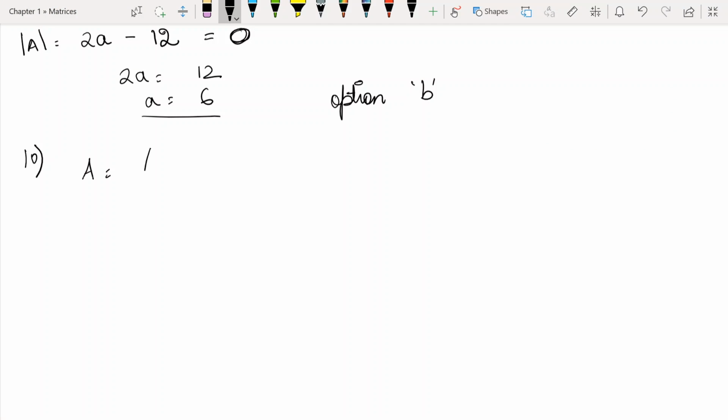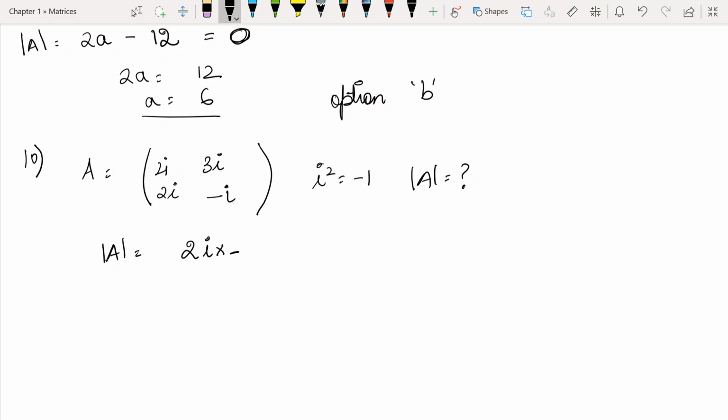A is equal to 2i, 3i, 2i and minus i, i square is equal to minus 1. What is determinant A? Now to find determinant A, we will multiply 2i into minus i, minus of, this is within one bracket, other bracket, 3i into 2i. Is it not?